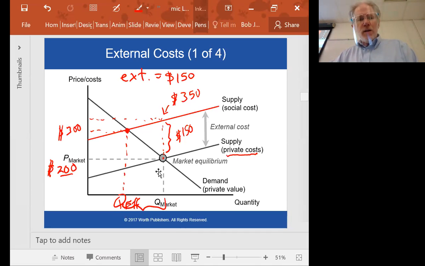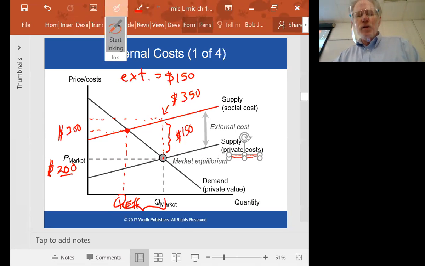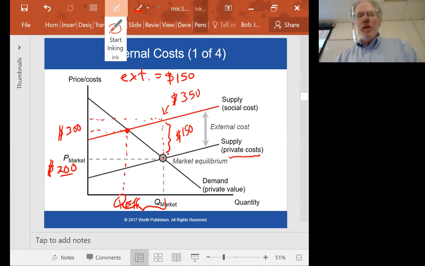The last tire produced here, it's worth $200 to the consumer. There's a cost to the producer of $200, but you've got the rest of the community who's being harmed by this.